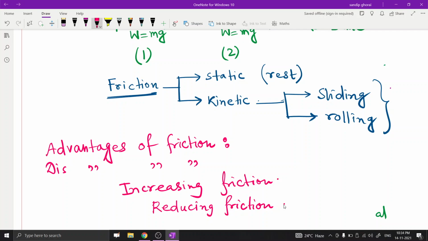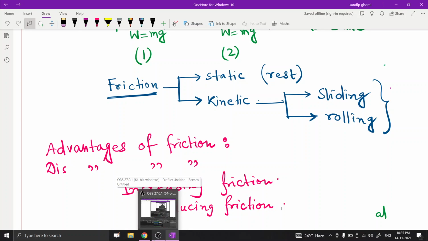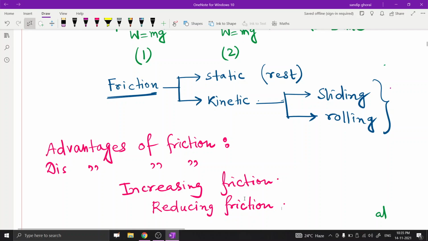In the next class we will discuss some questions or problems, that is, the revision part.